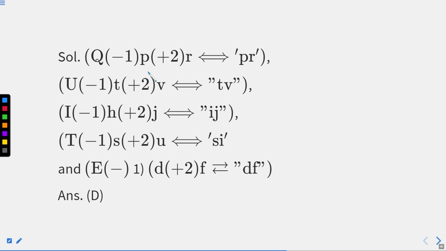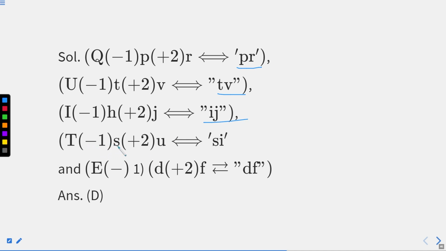Now they are using the second one: Q minus 1, that is P, and P plus 2 is R. Eventually we are getting PR. U minus 1 is T, and T plus 2 is V, TV. I minus 1 is H, H plus 2 is J, IJ, we are getting it.